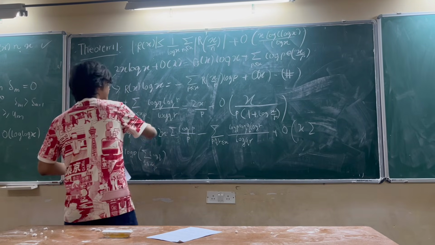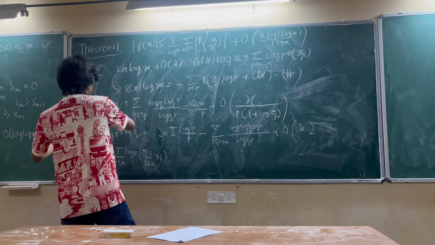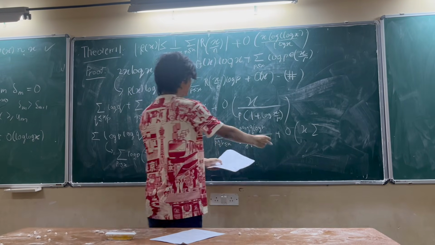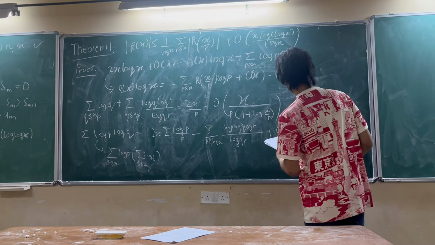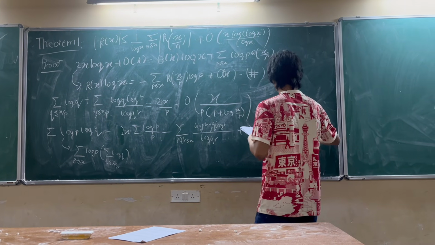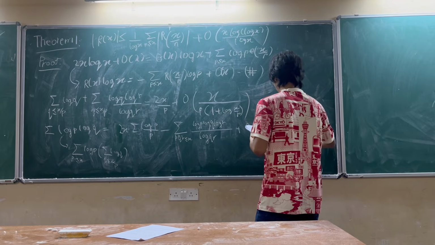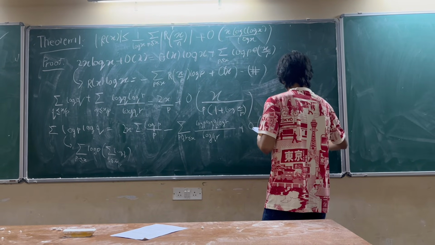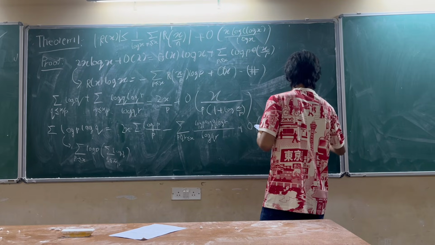Then I moved this term over here and substituted the summation for log q into here. This is what I get on the right hand side, and this would be some derivative term. So I'll just write it out: log p by p plus log x by p.